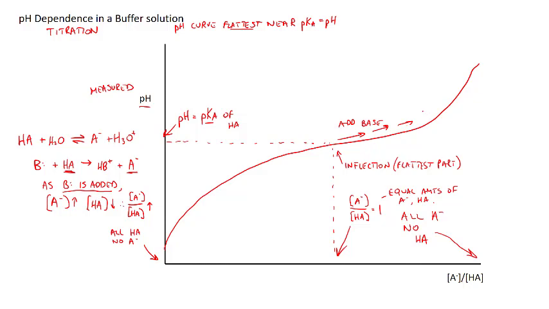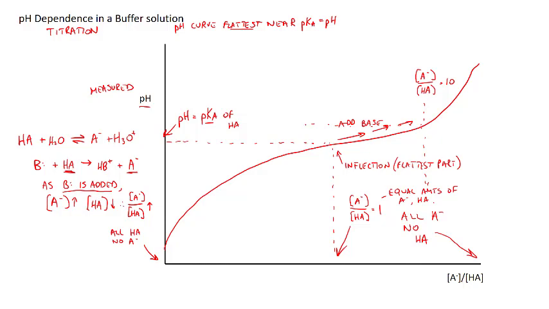And eventually we will reach a point at which our A minus over HA ratio is equal to 10.